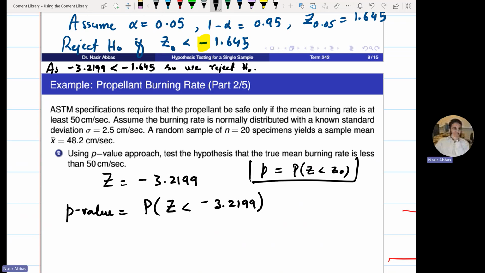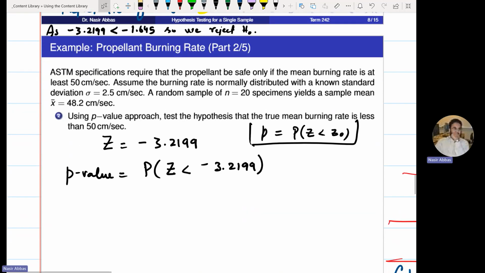Now go to the Z table. Will the Z table give you less than probability directly, or do you want to convert it to greater than? Is the Z table based on less than probabilities or greater than probabilities? Chapter 4. It's already less than probability. You don't need to use the complement. So go to chapter 4. Again, the values of Z, how many decimal points are they available up to? 2. So you must convert it to 2 decimals.